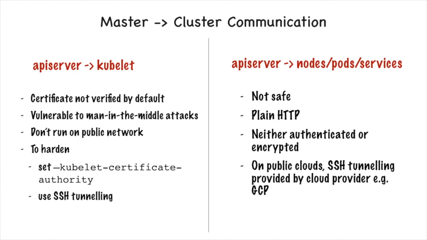This is going to set up SSH tunnels in order to protect all communication from the master to the cluster. But again, you should be aware that by default, communication from the master to the cluster, and in particular communication from the master to the individual nodes, pods, or services, is not currently safe to run over public or untrusted networks.